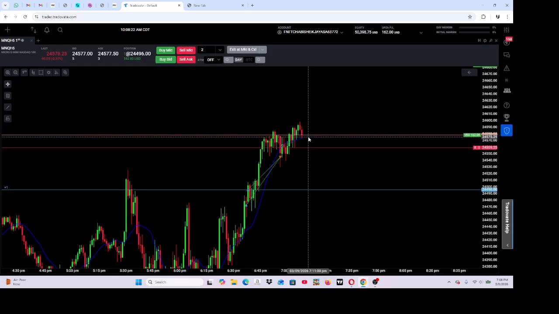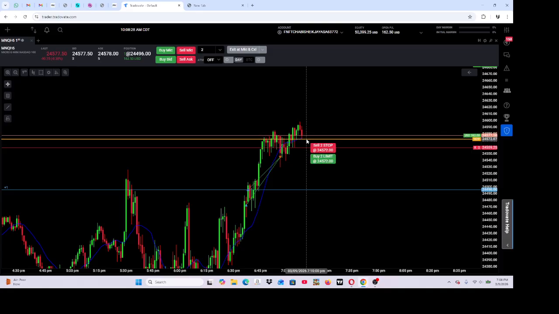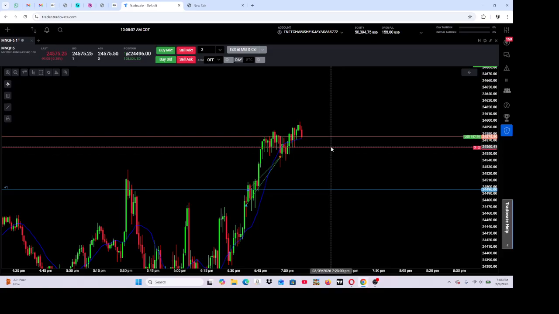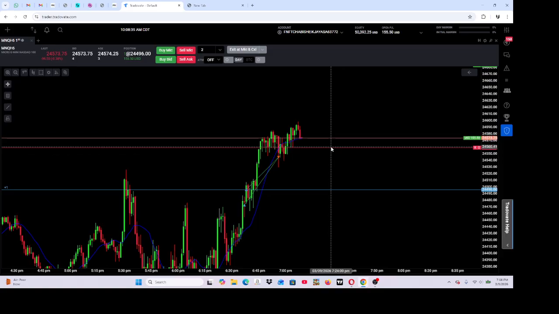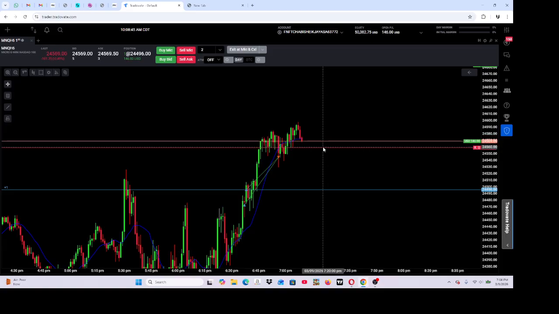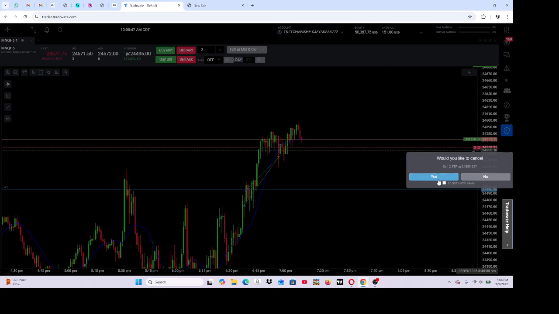We literally have to push. I literally want to set my stop loss underneath these lows. Let me close this.